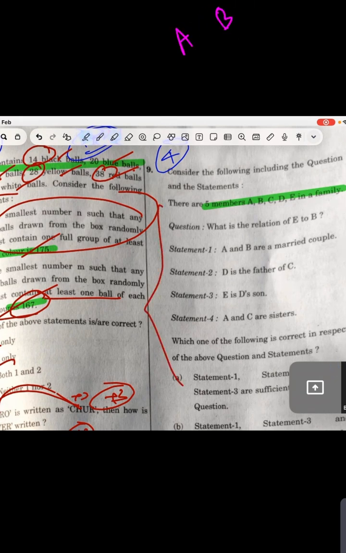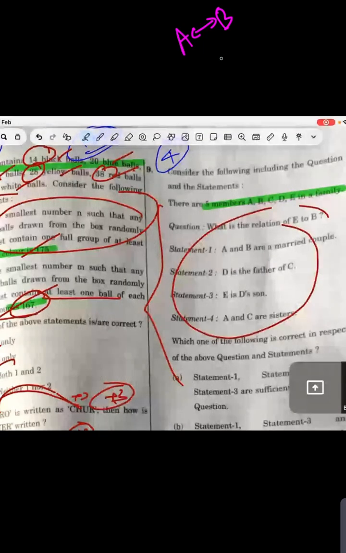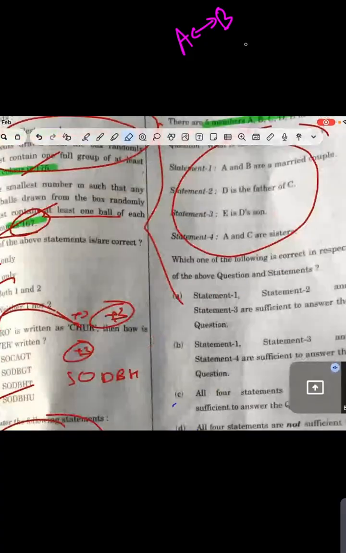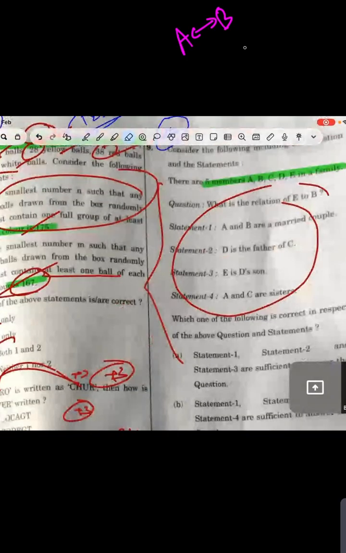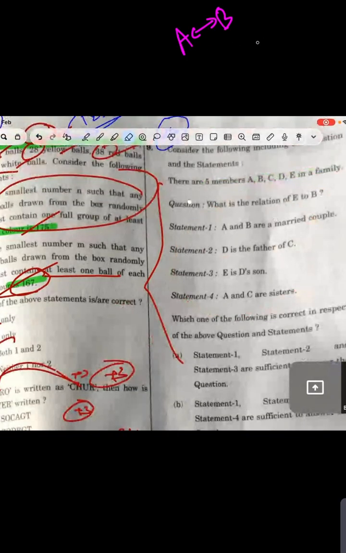Very tough question actually, tough not because of this but because of this. But guys, be careful. Don't worry. In blood relationship questions, one thing always remember: we need to have gender, that is male or female. The question is saying the relation between E and B.